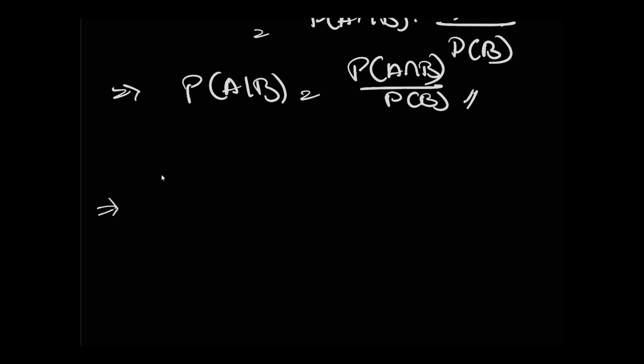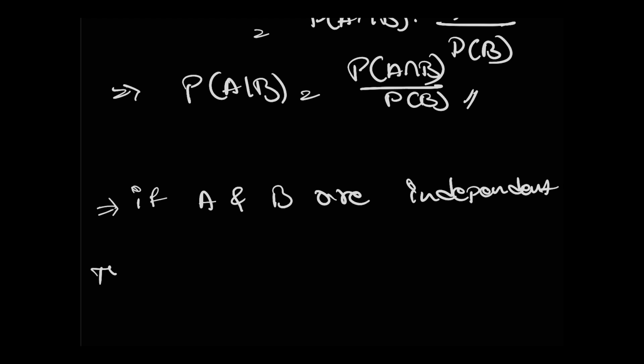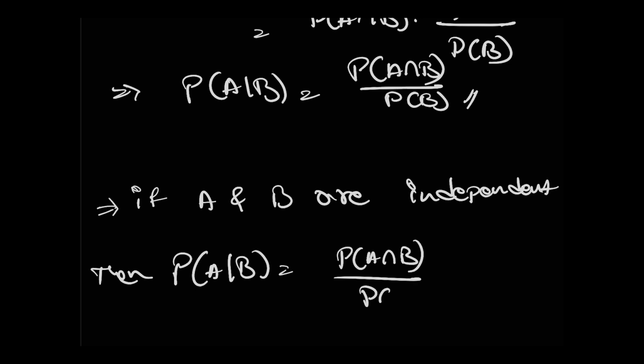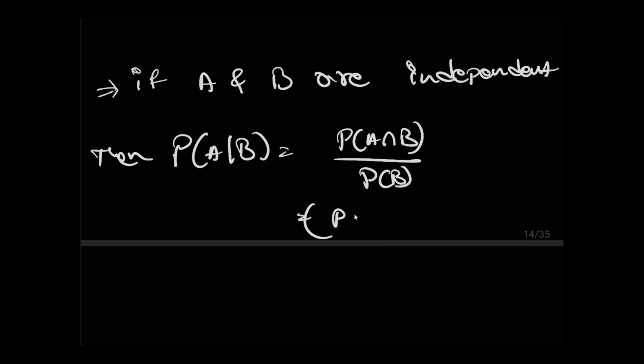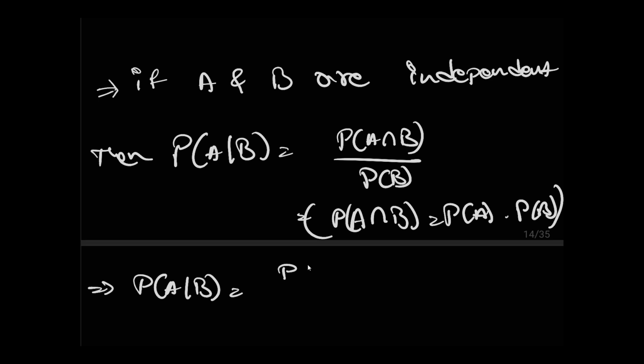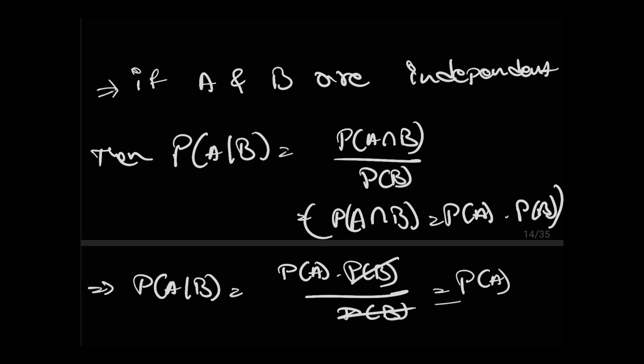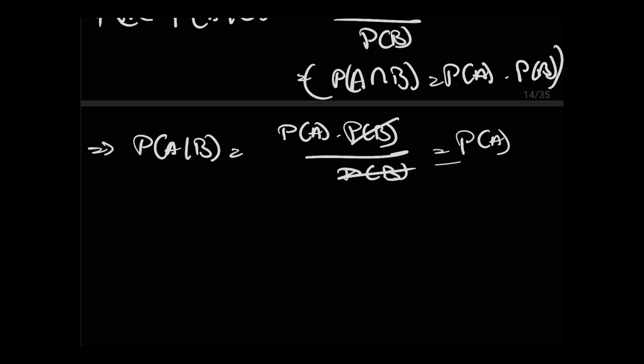Now, if A and B are independent, then probability of A given B equals probability of A intersection B by probability of B. And as A and B are independent, we can write probability of A intersection B equals probability of A into probability of B. Therefore, probability of A given B equals probability of A into probability of B by probability of B. That is probability of A. See, as A and B are independent, the probability doesn't depend on B. This is the clear explanation.